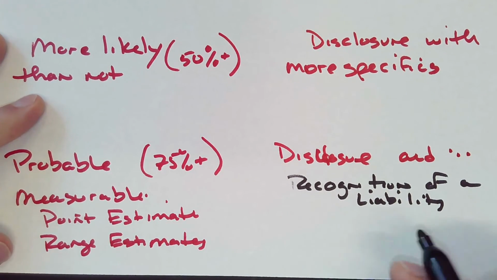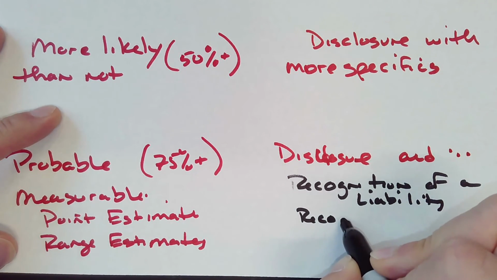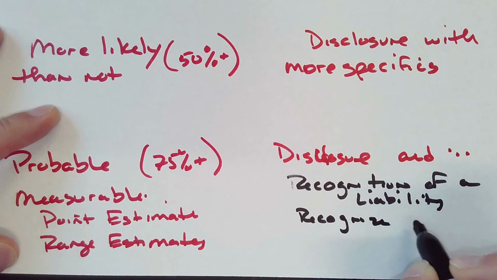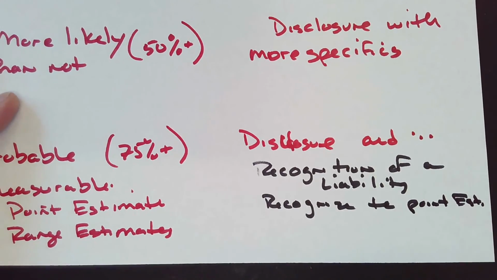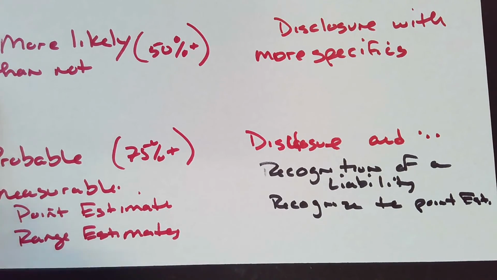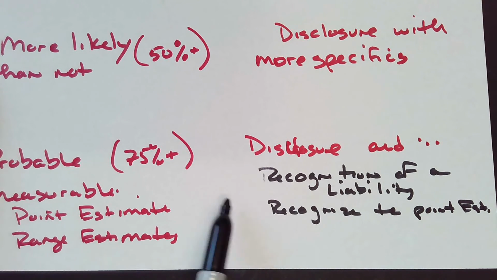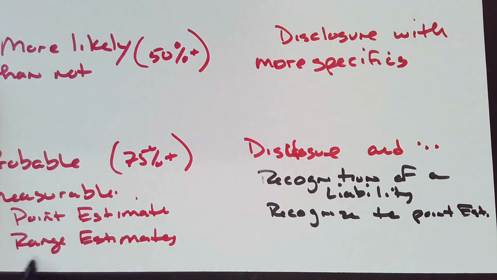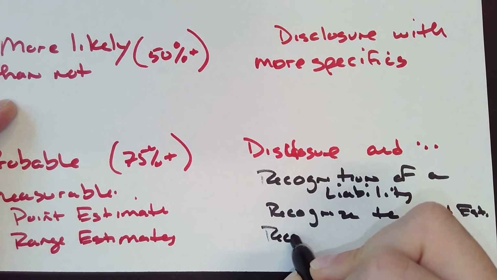If it's a point estimate, we're going to recognize the point estimate. If we can get to this is how much it is, we're going to recognize that point estimate. If we don't have a compelling number within this range, we're going to recognize the lower end of the range.